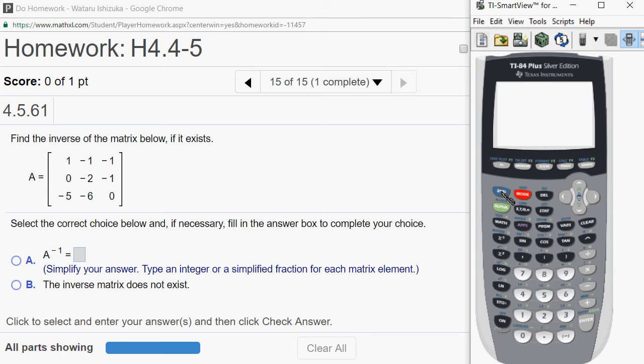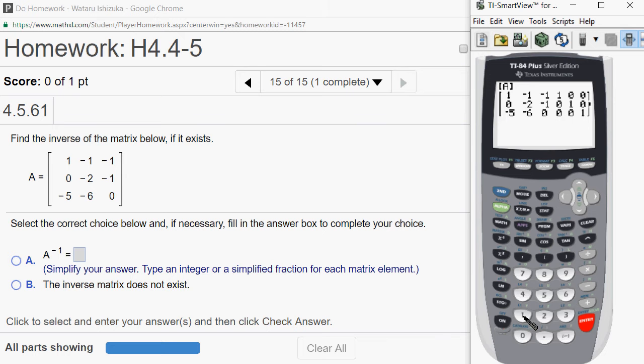Then you can go to matrix again, and let's pull out that matrix we just entered. So hit enter. So we have 1 -1 -1 1 0 0, and 0 -2 -1 0 1 0, -5 -6 0 0 0 1. Alright, so we got this matrix.